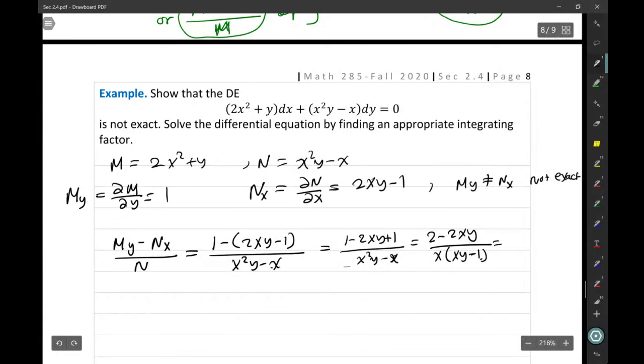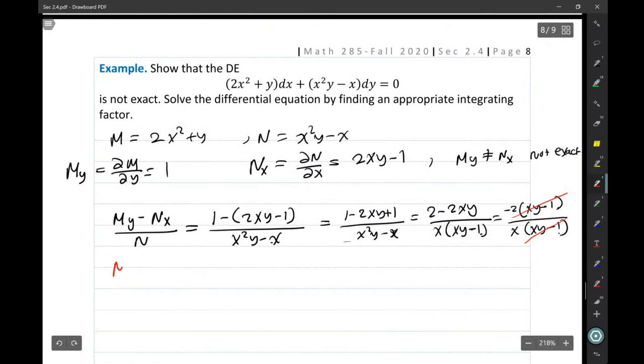Now simplify it. Here you need to be careful with the simplification. Take minus 2 as a common factor from the numerator, it becomes minus 2 times (xy minus 1) over x times (xy minus 1). This will cancel that.